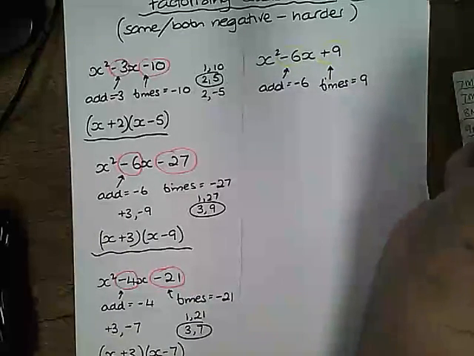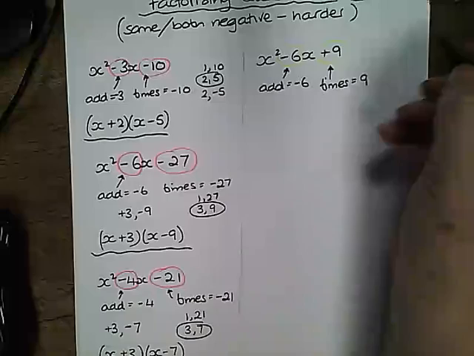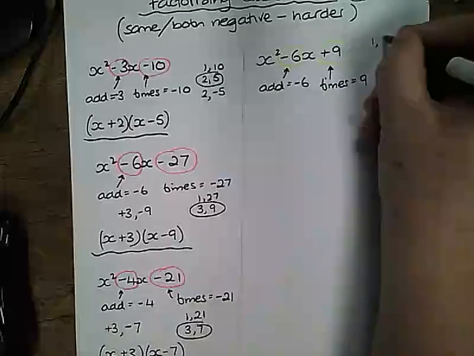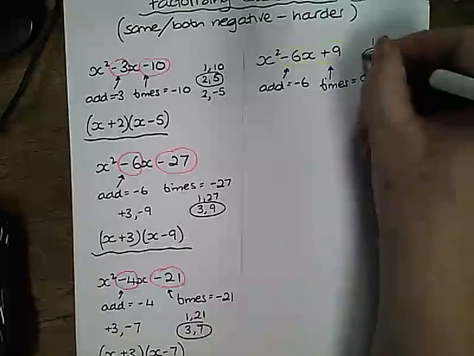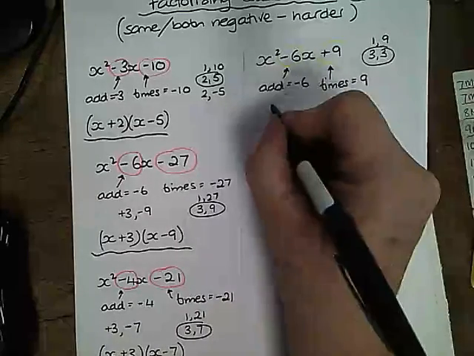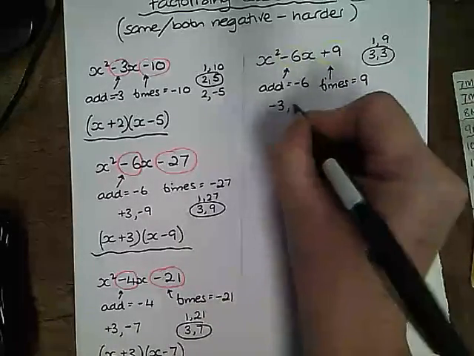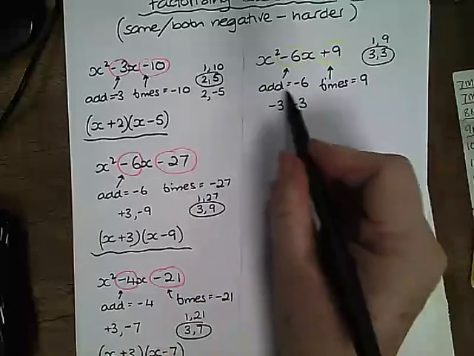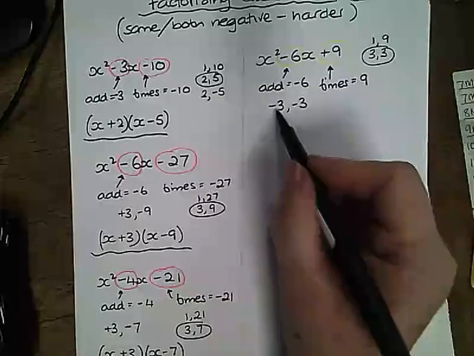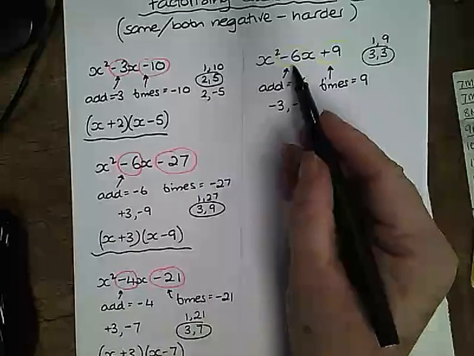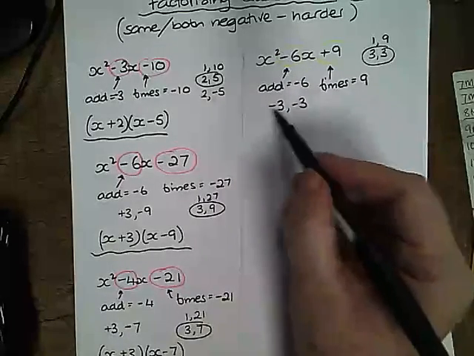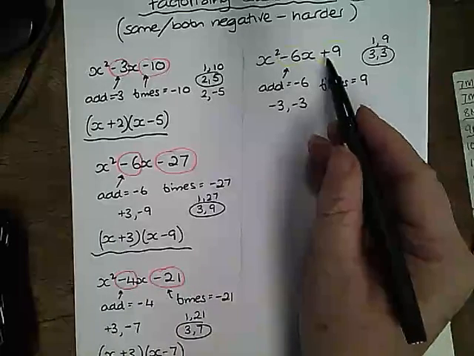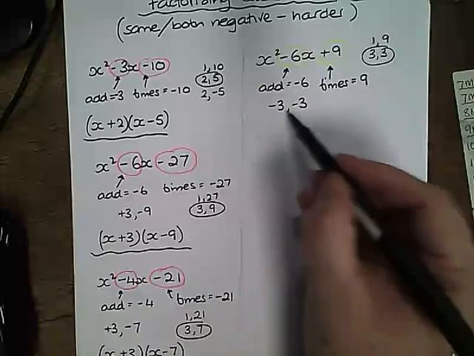So we look at the factor pairs for 9 first of all, which is 1 and 9 and 3 and 3. I'm going to choose this because if I make them both negative, minus 3 and minus 3, when I add them together, minus 3 add minus 3 is minus 6, and when I times them together, a minus times a minus becomes a plus, so minus 3 times minus 3 would give me plus 9.